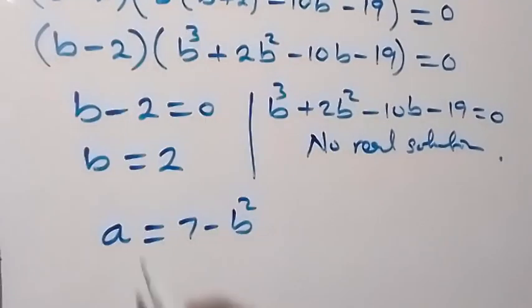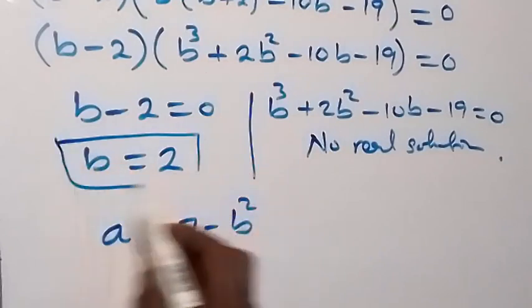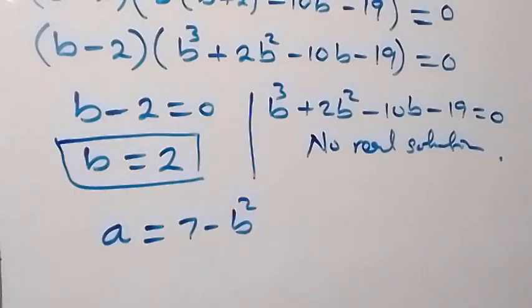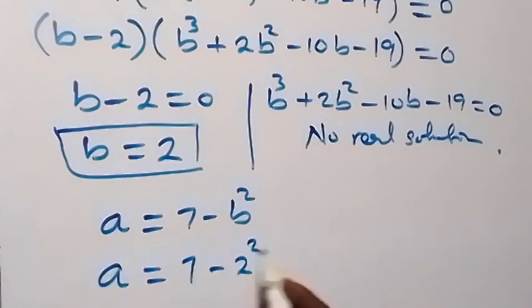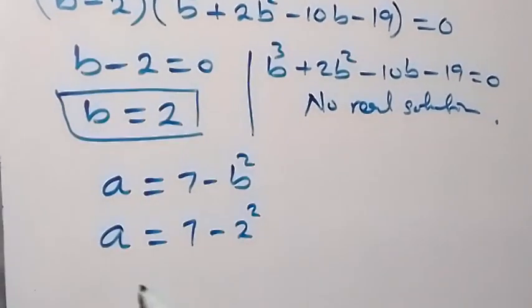Since this is the value of b, we substitute it to get the value of a. That means a will be 7 minus 2 squared, that is a equals to 7 minus 4, where a is equal to 3.